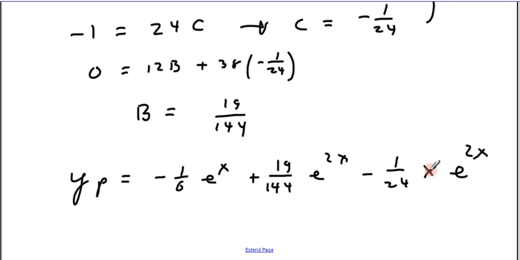Okay, that looks interesting. We'll check it in the back of the book real quick, see what we think about that. And 18.